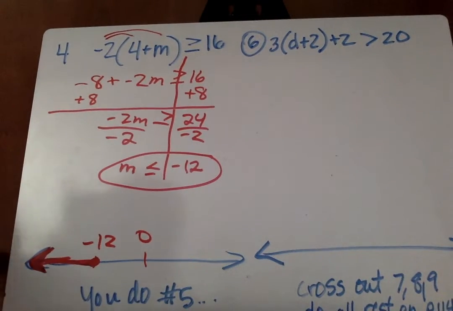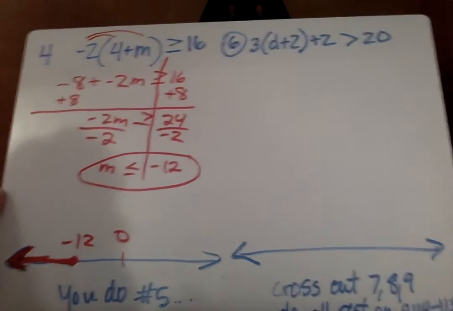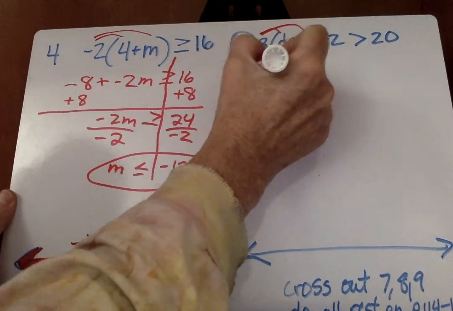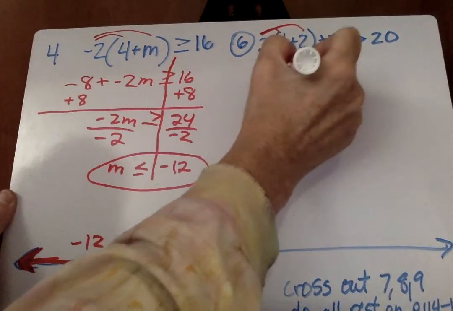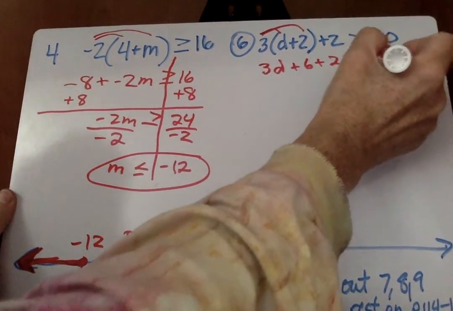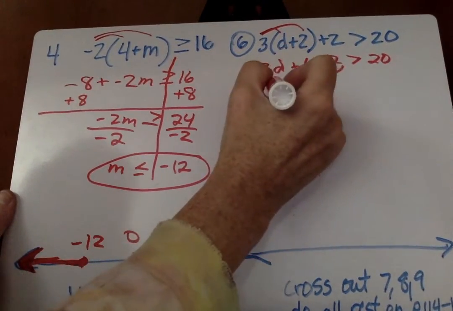Okay, and we're done. We'll have you do 5 if you want to pause the video. Otherwise, we'll go on to number 6. Here we go on number 6. We're going to use the distributive property. Okay, then I combine like terms.